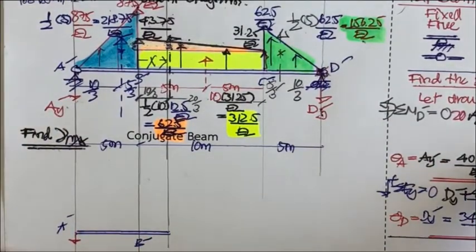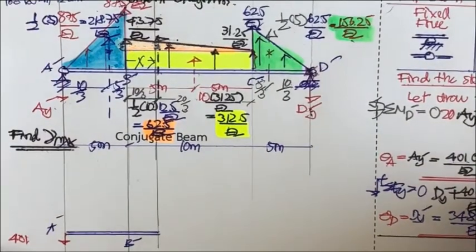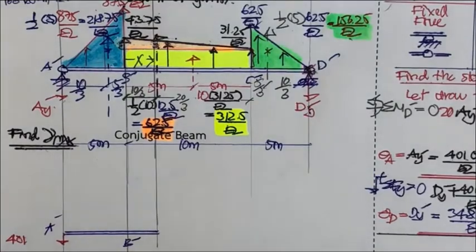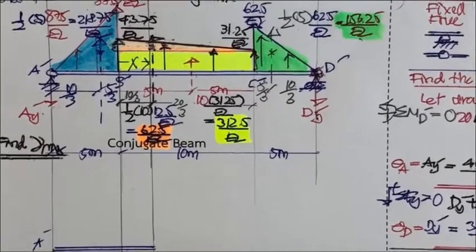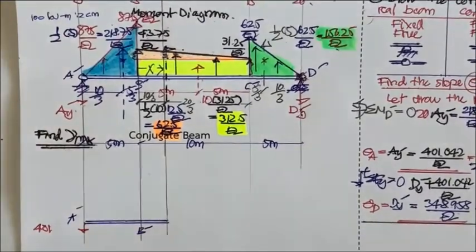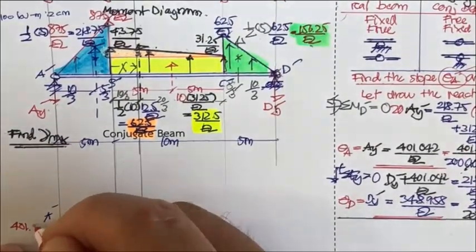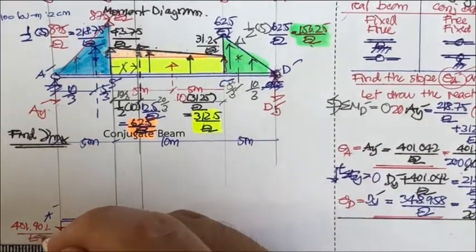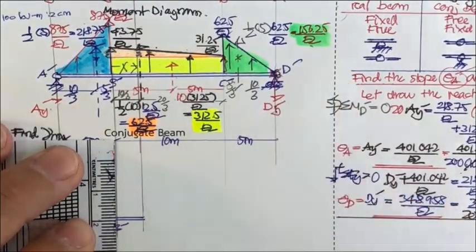A sub Y prime is going to be this one. Okay, this is going to be 401.042 divided by EI, and then we have the blue. Okay, that is about this.